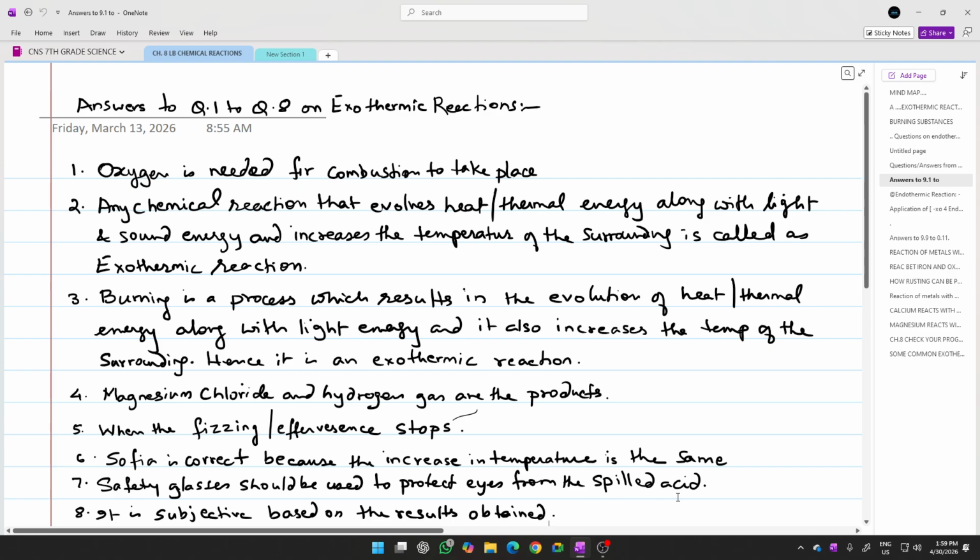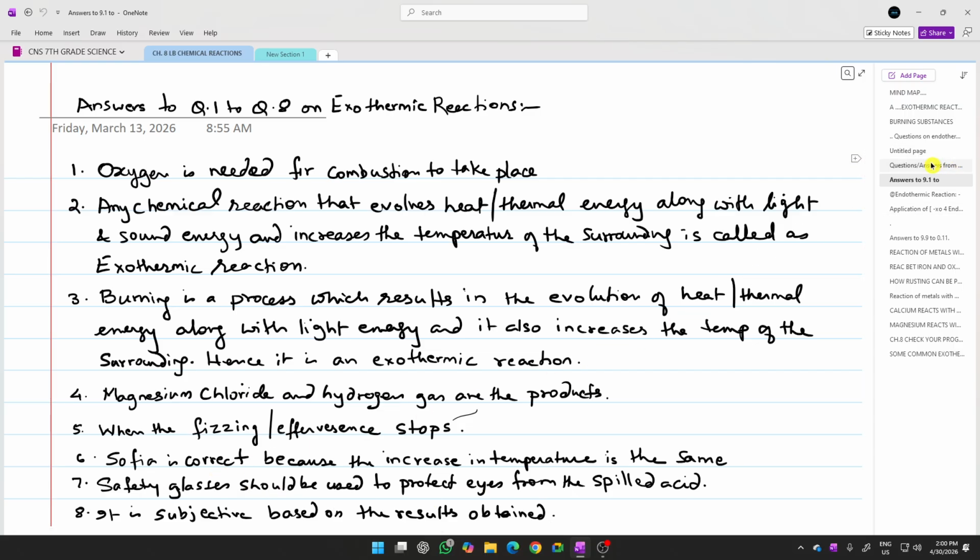You are handling acid and adding magnesium to it, the reaction is vigorous, and effervescence is taking place. If the effervescence is uncontrolled, some acid may spill out of the test tube and enter your eyes. So it is a good idea to wear safety glasses, right? So that was the answer to question number 7.